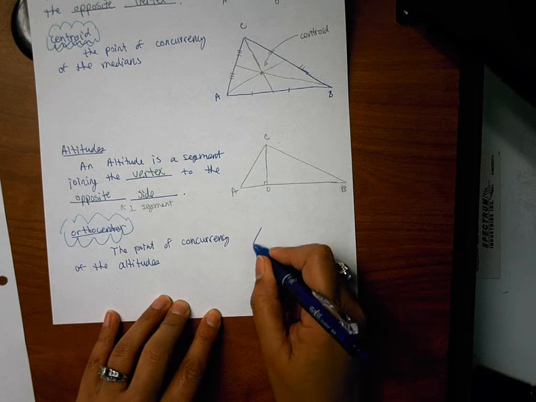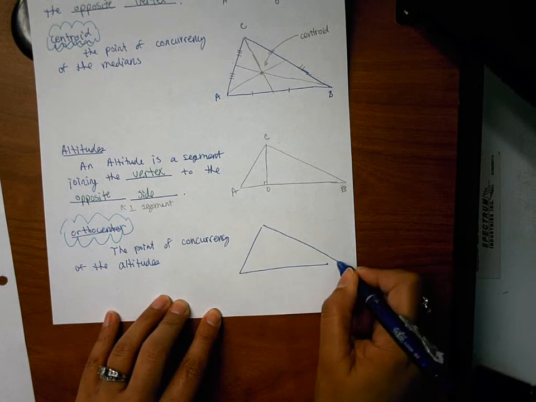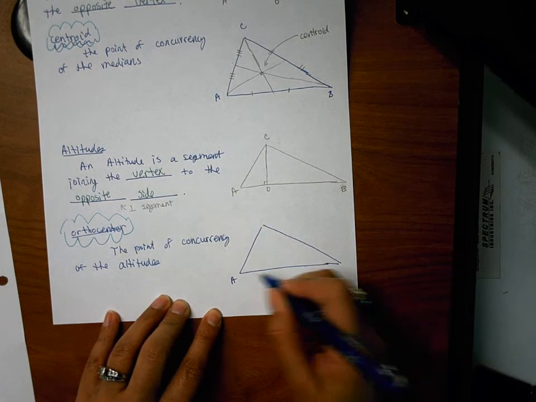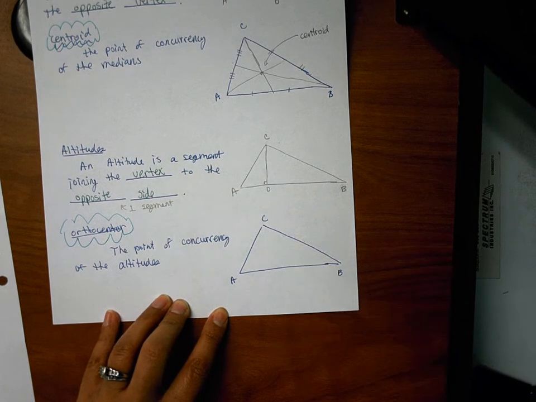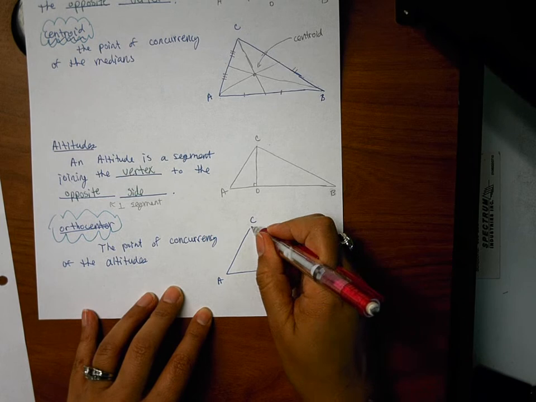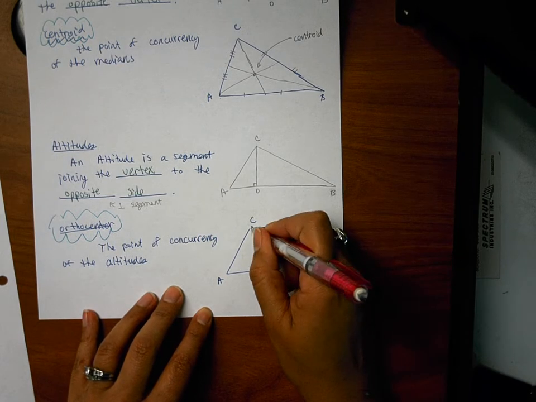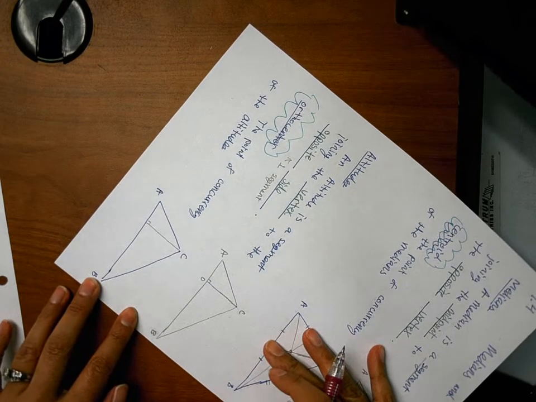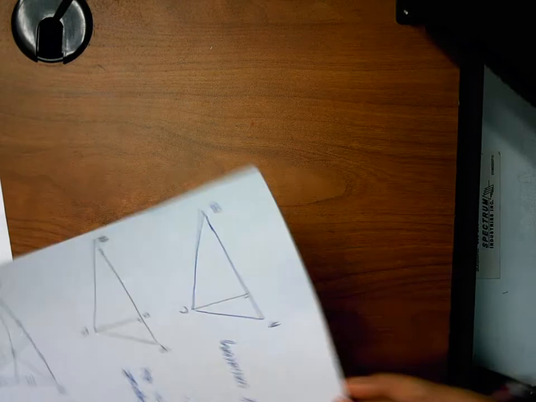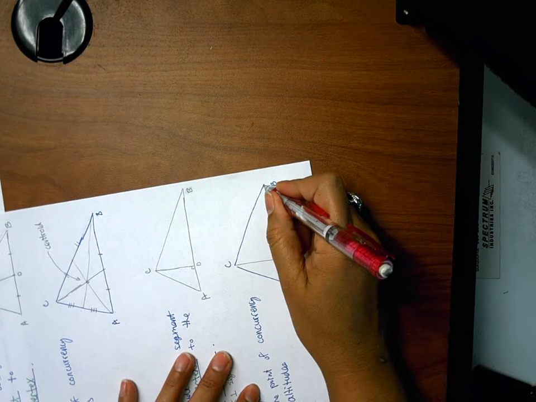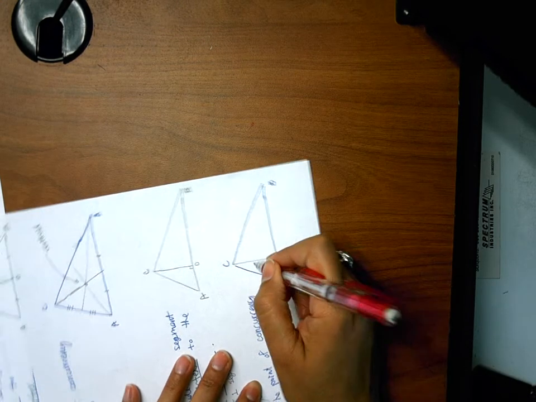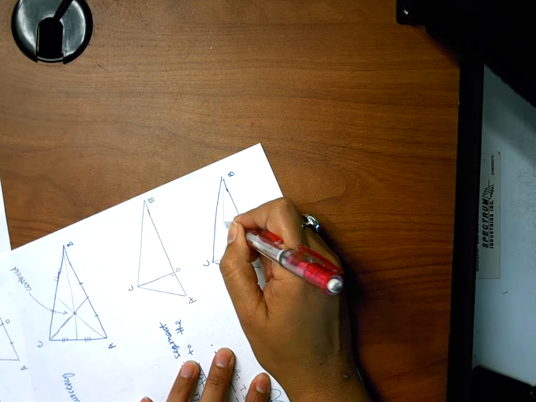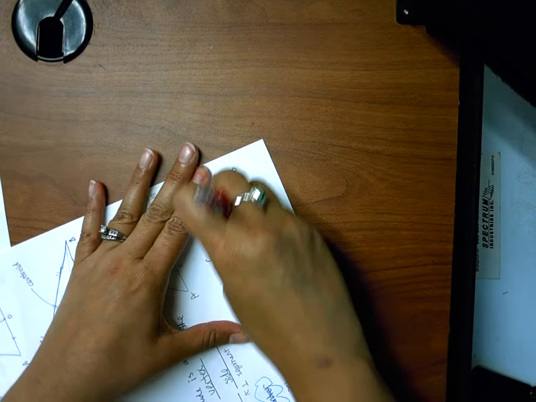All right, so we're going to draw this image over and over. So draw your triangle. A, B, C, and so opposite vertex to the opposite side, and it is perpendicular. That is there. I'm going to flip this image around, and actually let's go this way first. Opposite angle to the opposite side, and again you want it to be perpendicular.